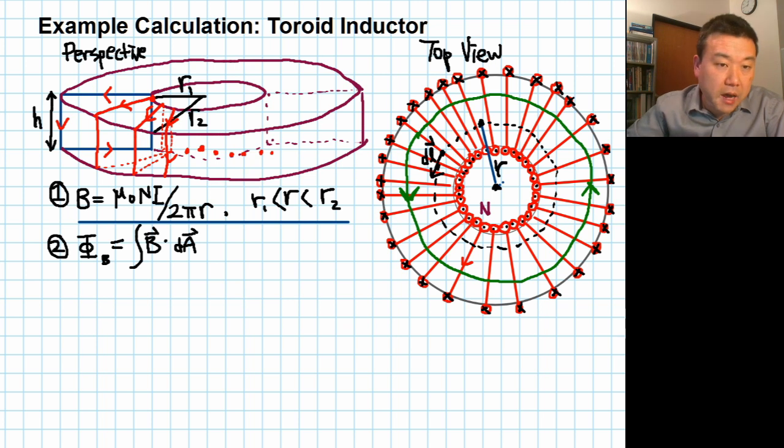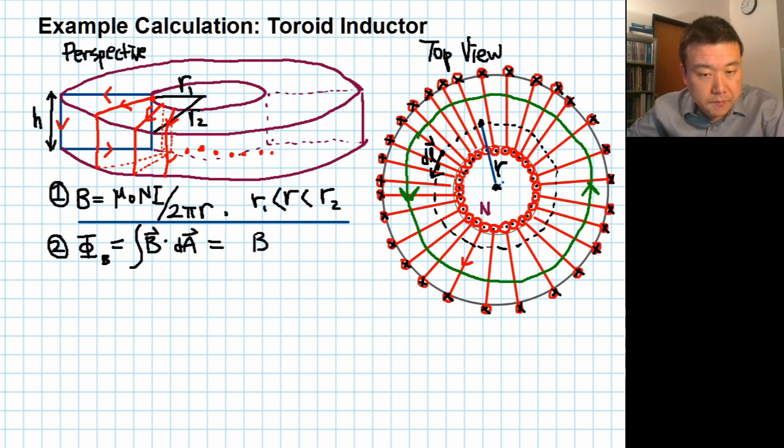In our case, I want you to imagine this surface here, the cross-sectional area, the rectangular surface here. So let's write it out. The magnetic field is coming out of the board here. Let's say dA also comes out of the board. So this B dot dA would be simply B dA.